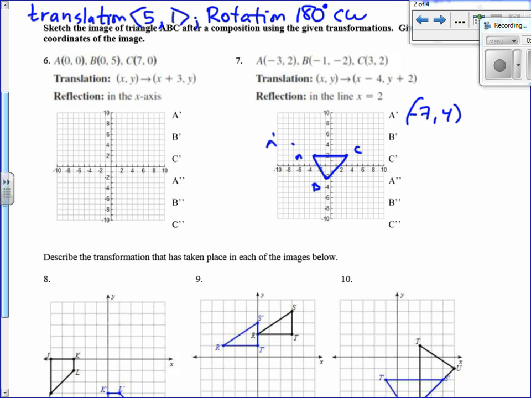And then B, I'm going to go left 4, up 2, which is 5, 0. And C prime, left 4, up 2, is -1, 4. Everybody else get the same numbers? Yeah. Okay.